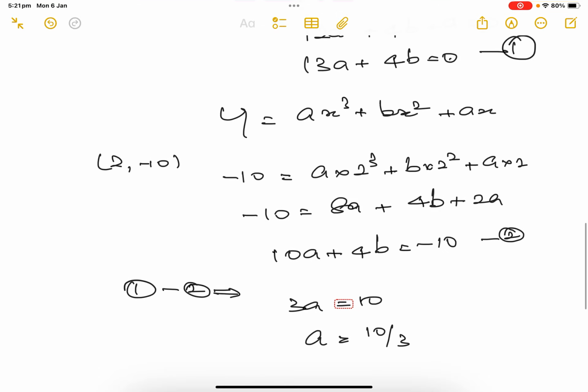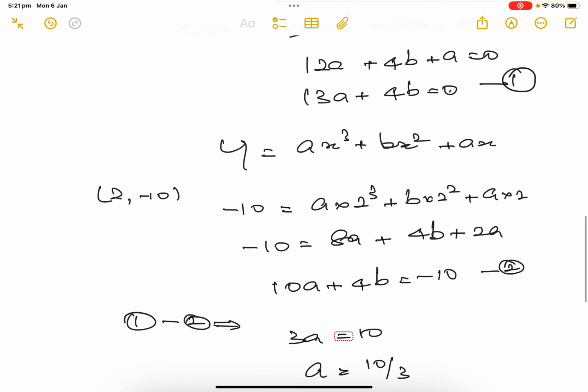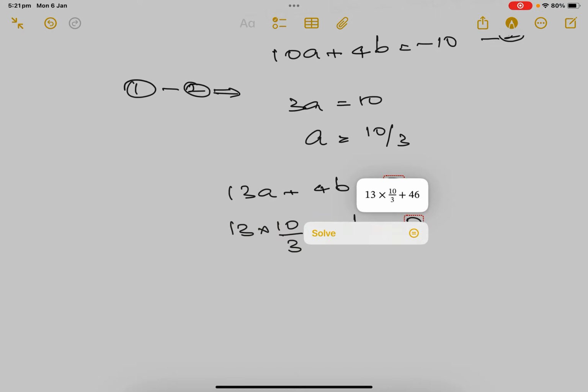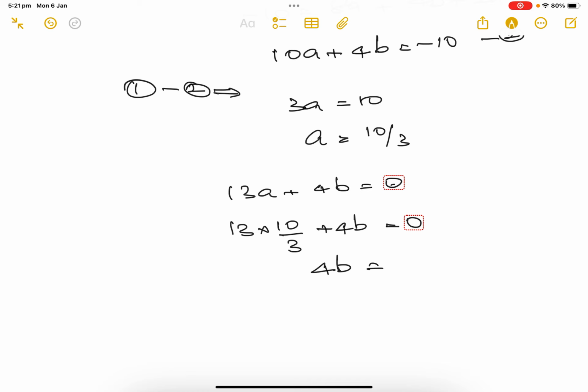we could use any equation. So first equation, say if you look at 13a plus 4b equals 0. We know a, so 13 times 10 divided by 3 plus 4b equals 0. So 4b equals, 13 times 10 is 130, if we take it to the other side, minus 130 over 3.